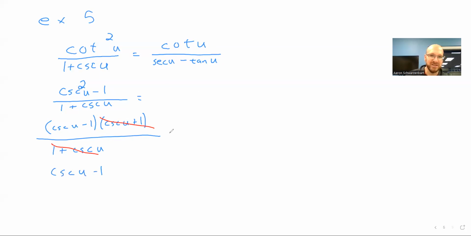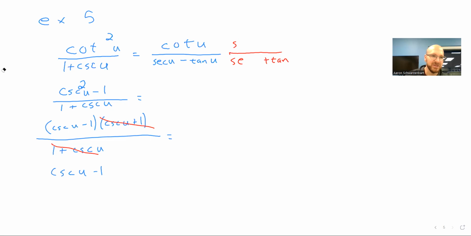Now I'm going to start working the other side. And I'm going to multiply this by a conjugate. That's a trick that's really handy. Not secant squared, secant, just secant.